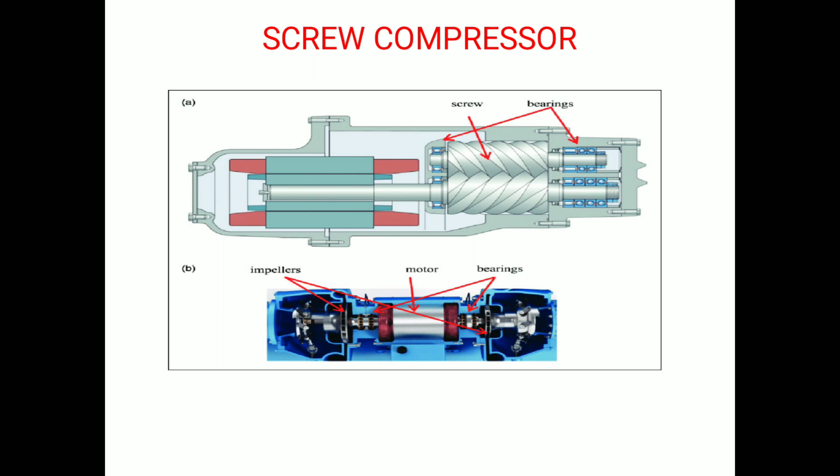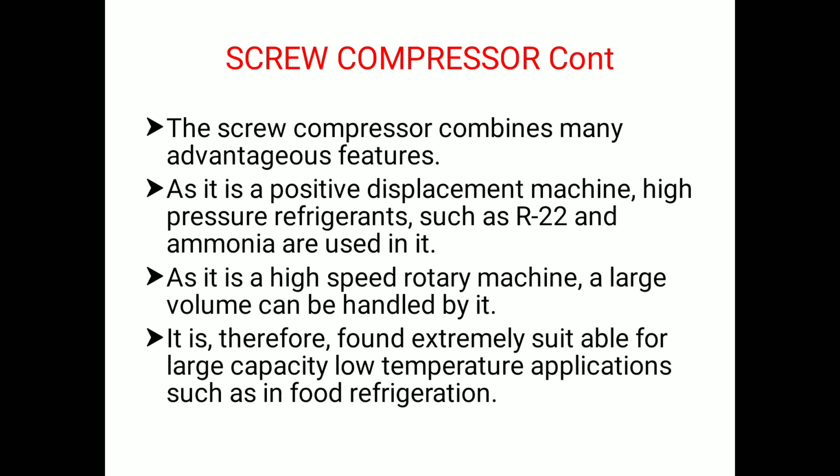So we will go to the next type, the screw type, the screw compressor. The screw type compressors have some more advantages regarding the previous ones, that is the centrifugal, reciprocating and rotary. The screw compressor is a positive displacement machine.